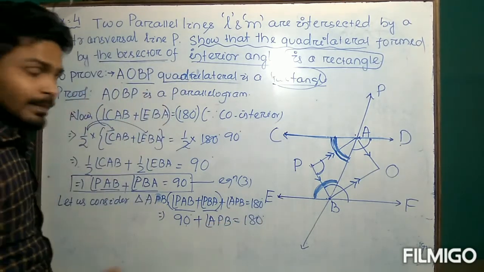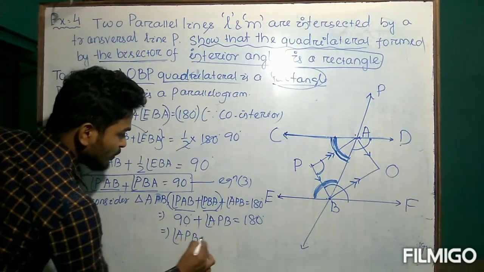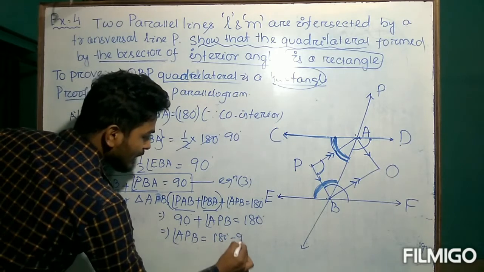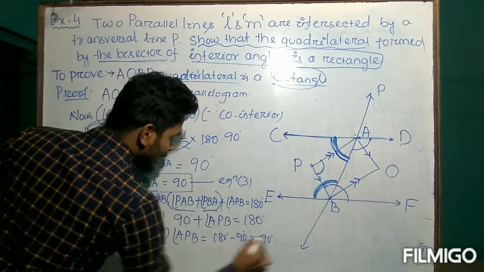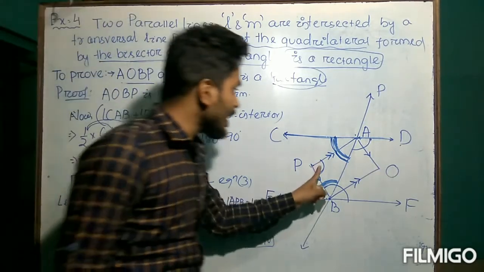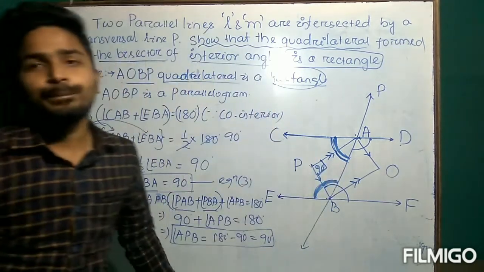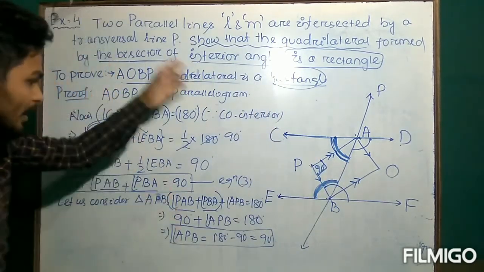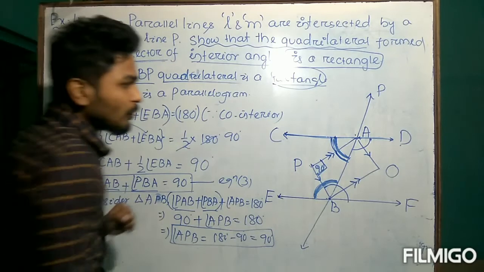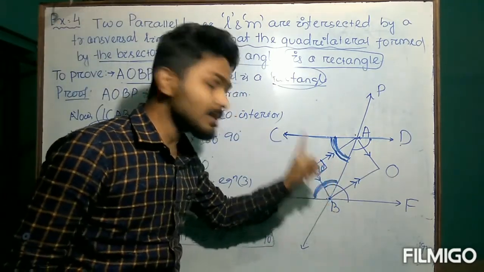Is it clear? Next, APB value is 180 degrees minus 90 degrees, which is equal to 90 degrees. Now we have found that the value of angle APB is 90 degrees. That is why we have done these things, in order to find the value of this angle. Already we have found that this angle plus this angle is 90 degrees.